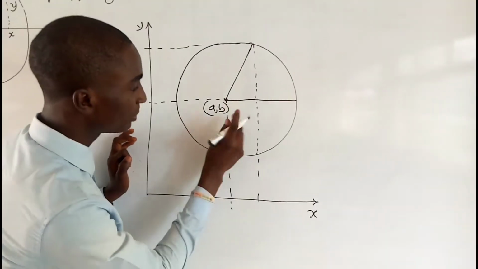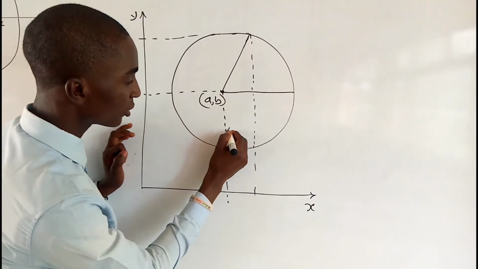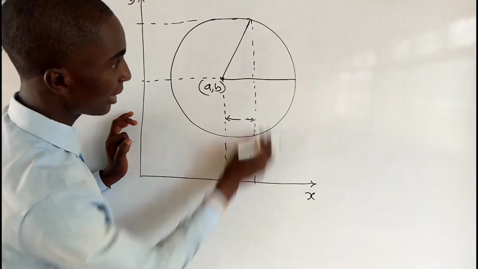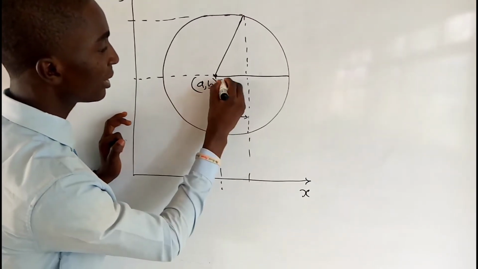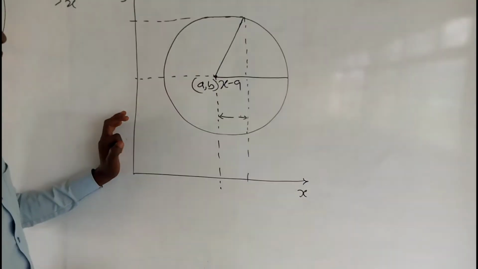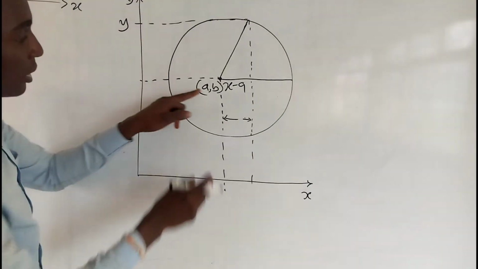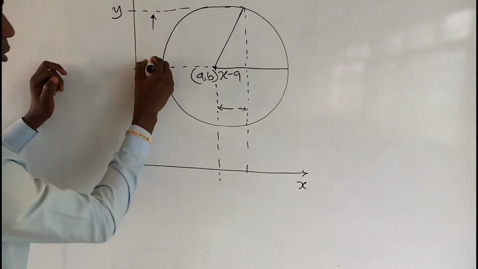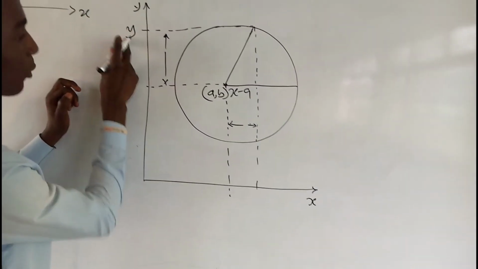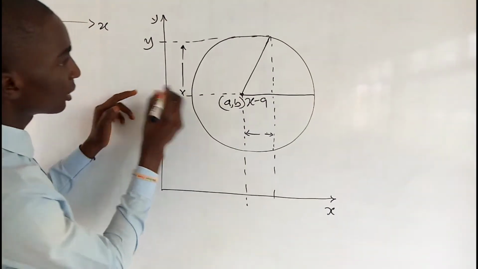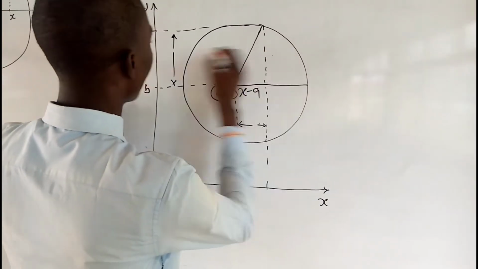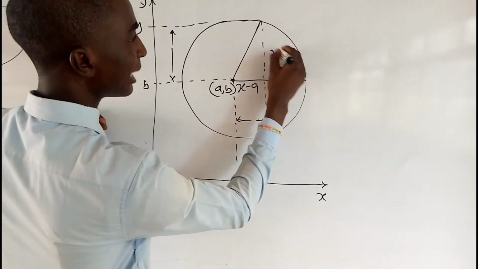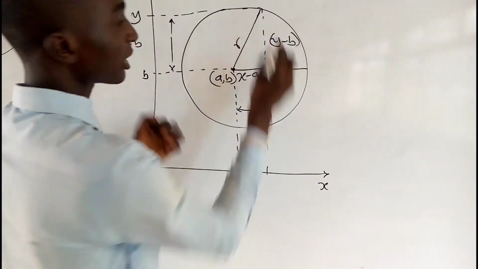Now, the distance between this point and this point, since this is our x and this is our a, will be x minus a. The distance between this point and this point will be y, and this side will be b. Then we can call this y minus b, and this is our radius.